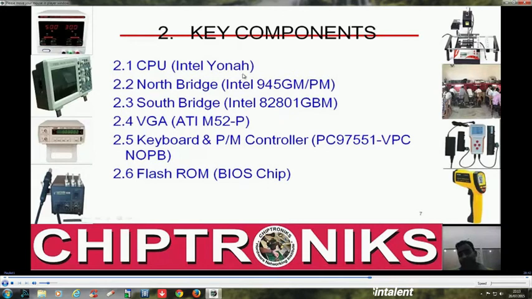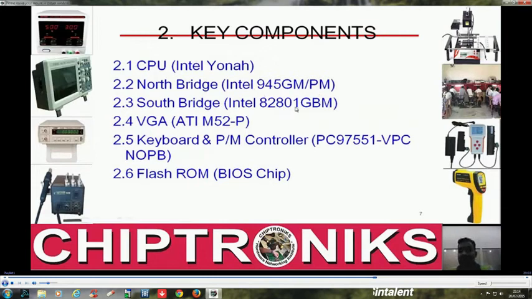The CPU, here in this schematic I am showing you the Core 2 Duo, and this is Yonah, Intel terminology. The North Bridge used over here is 945GM. If you go into the exact chip number, it would start with AC82945, like this for the ICs.